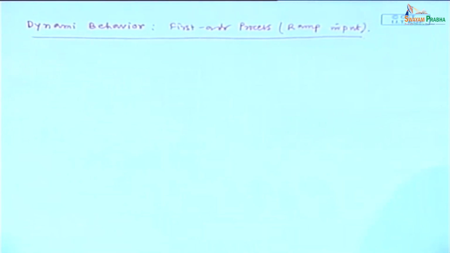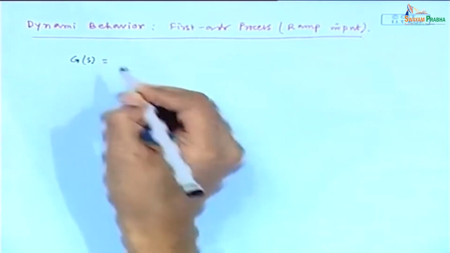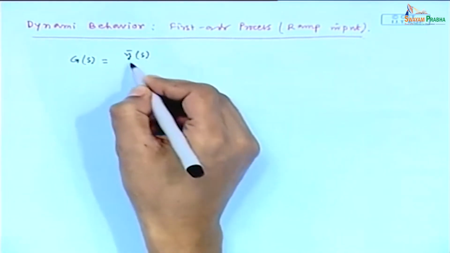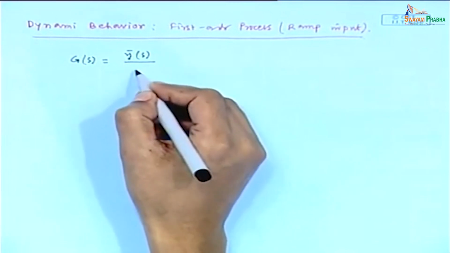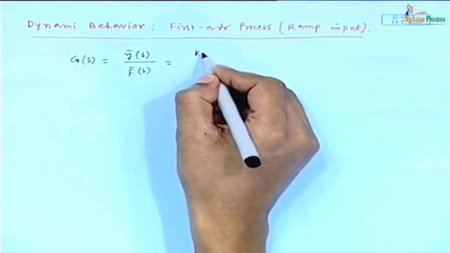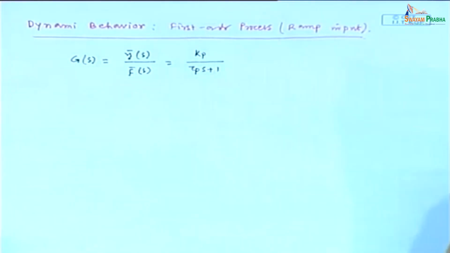So, we have already derived the transfer function of a first order system in general form, that is G s equal to y bar s divided by input, that is Kp divided by tau p s plus 1.